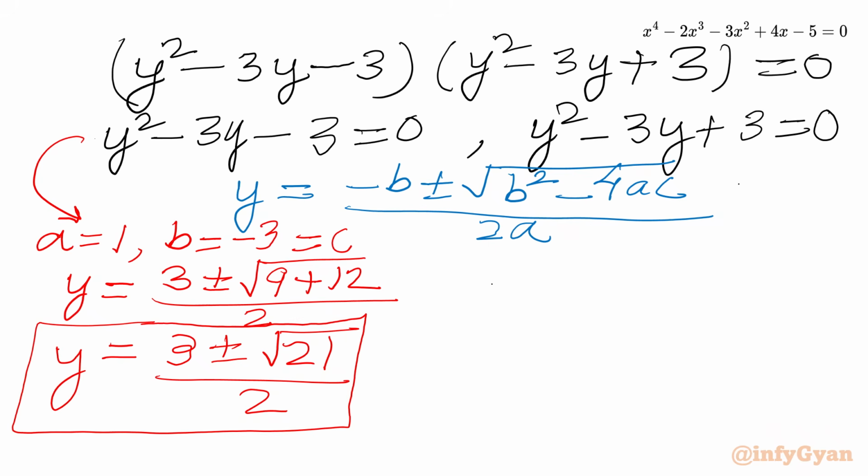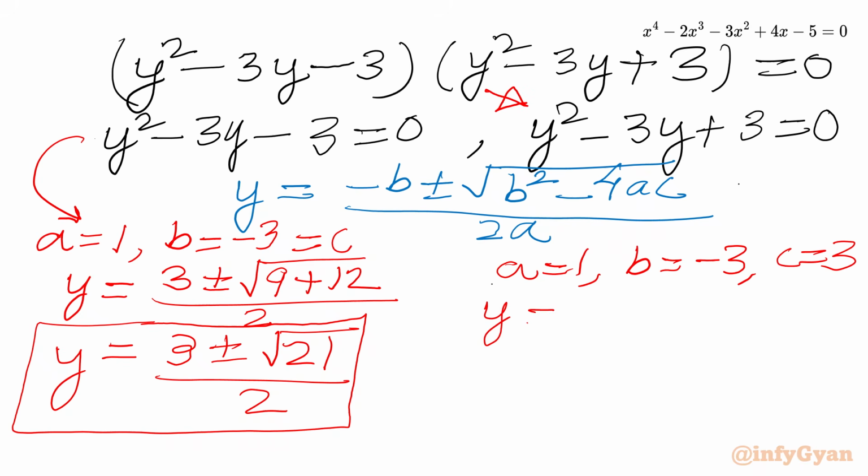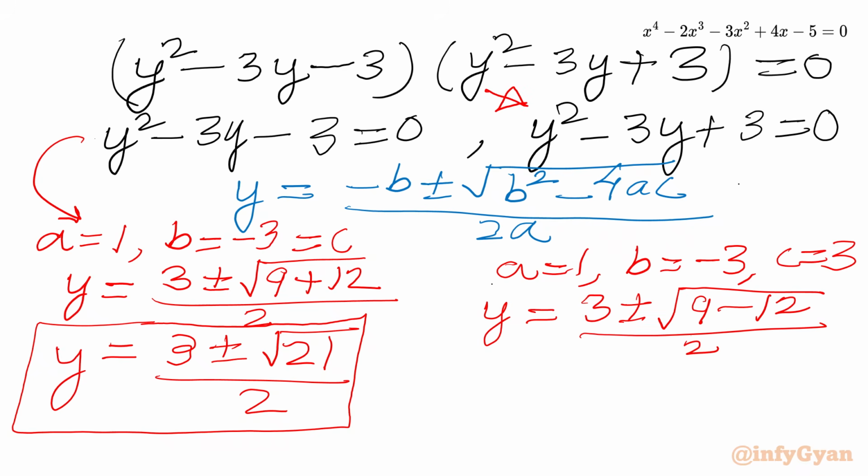Now we have to solve the second quadratic equation. Here a is 1, b is minus 3 and c is 3. We will apply this formula and write y equal to 3 plus minus square root of minus 3 square, which is 9, minus 4 times 1 times 3, which is minus 12, over 2 times 1, which is 2. This will be equal to 3 plus minus square root of minus 3.